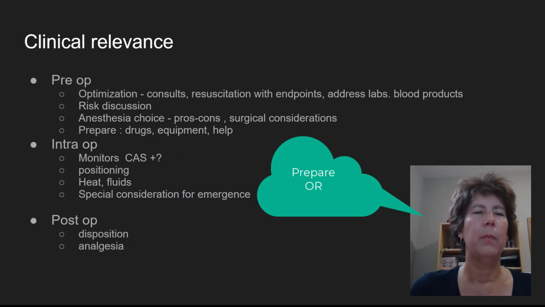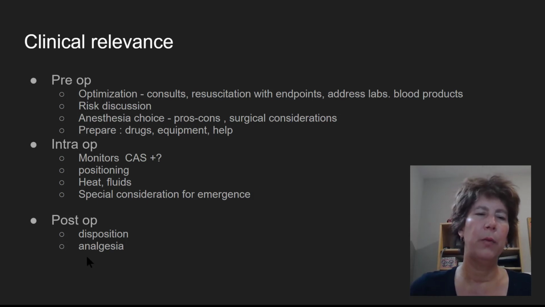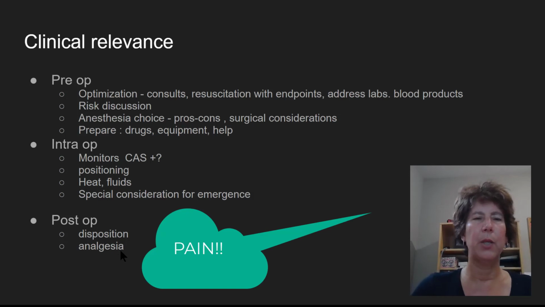We would establish what positioning was needed. We'd pay attention to heating the patient, the room, and fluids, and we would decide if there were any special considerations for emergence. For post-op, we look at disposition. Does this patient require any kind of special disposition? And is there a specific requirement for analgesia, which I think this patient had.